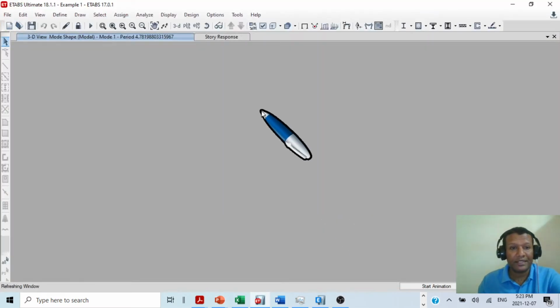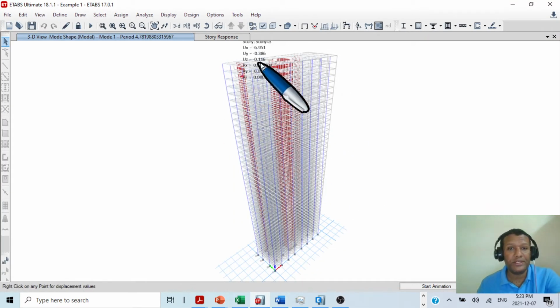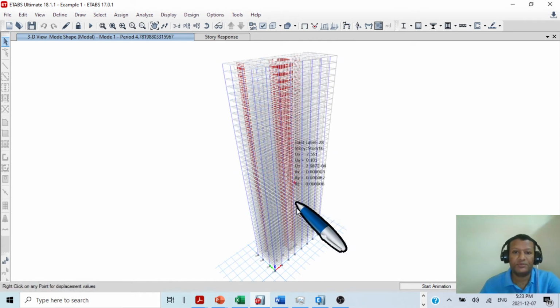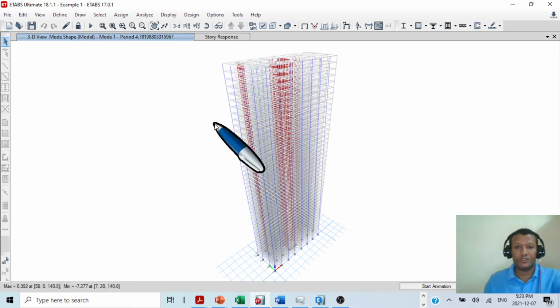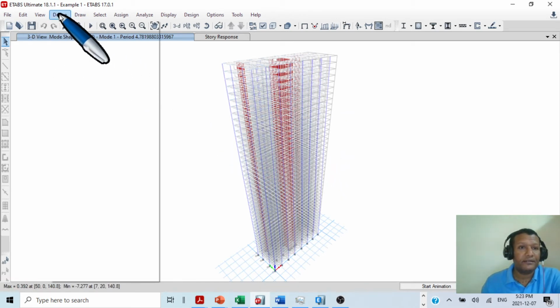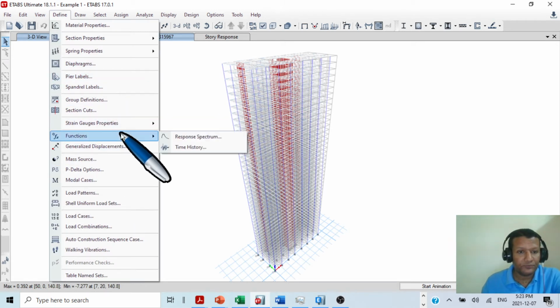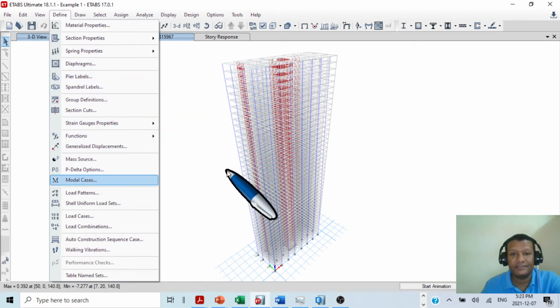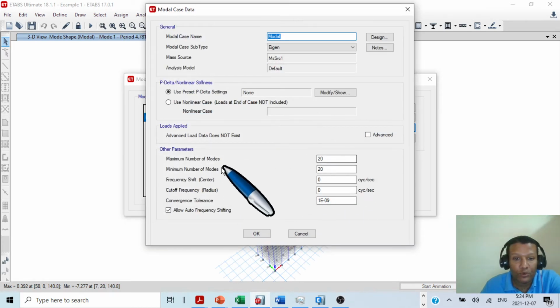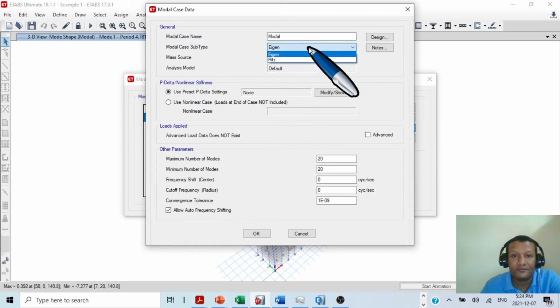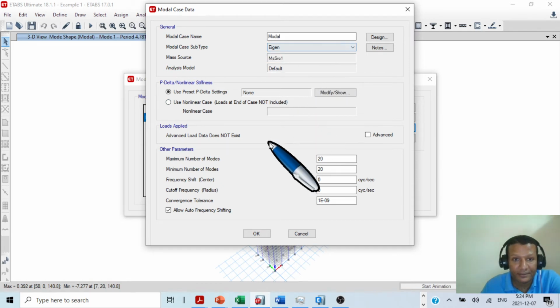This is a response spectrum analysis for a 44-story building. This is also from Professor Fouad Najm's presentation, and as I showed you, the modal case, modal Eigen is used, and if you see, 20 modes are considered, and Eigen value not reached, we are using Eigen, and 20 modes are considered.